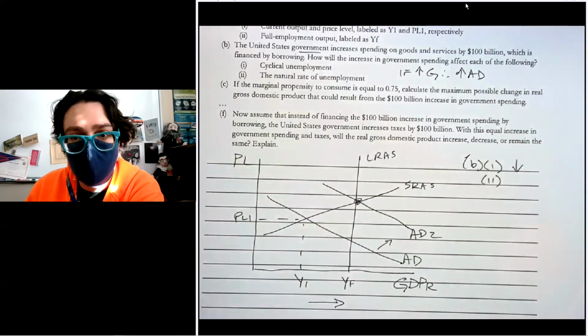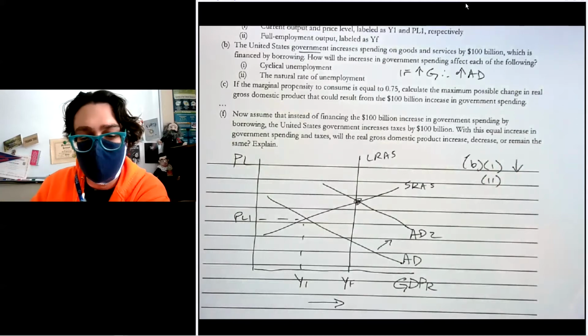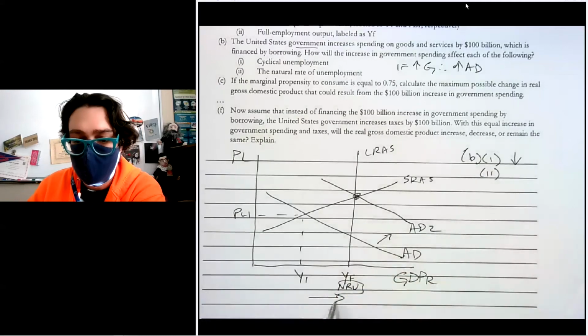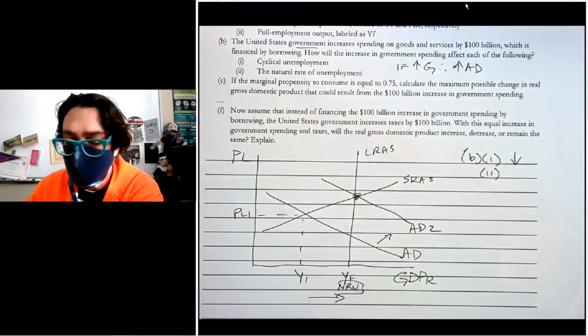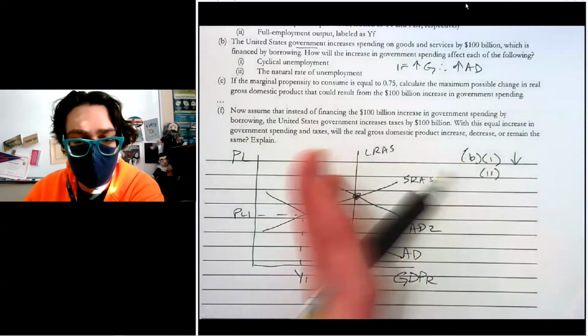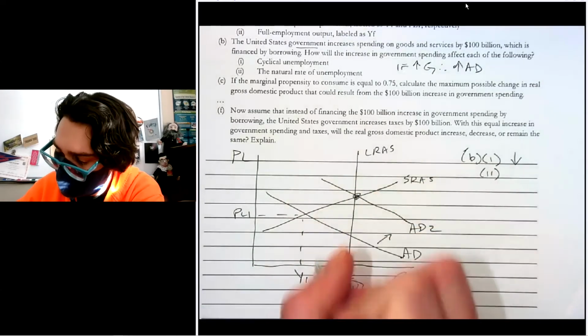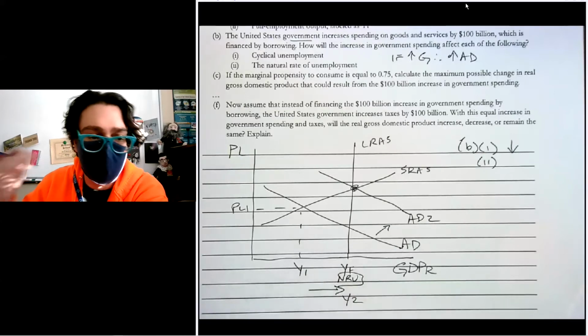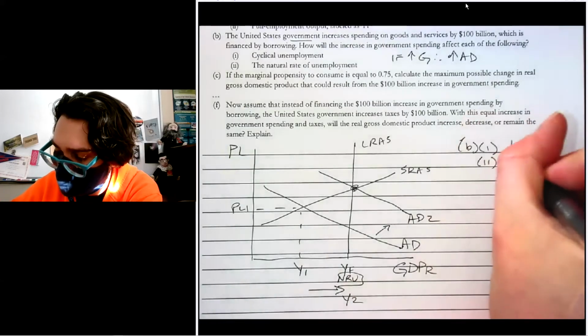The natural rate, right, is just structural and frictional unemployment. And so actually this is kind of corresponding to the natural rate is this level. And so the natural rate isn't going to change because YF didn't move around, right? What did move around was the other value, Y2, the actual amount of output. But the YF didn't move around, and so we'd say no change.